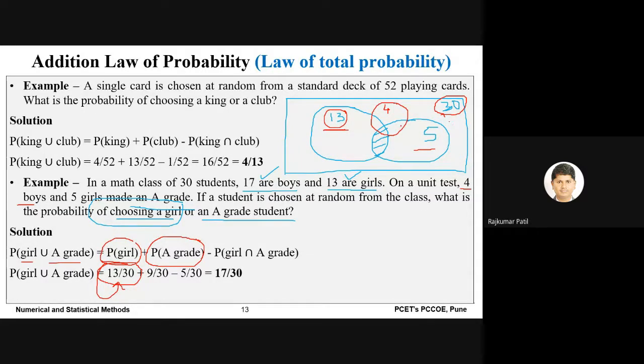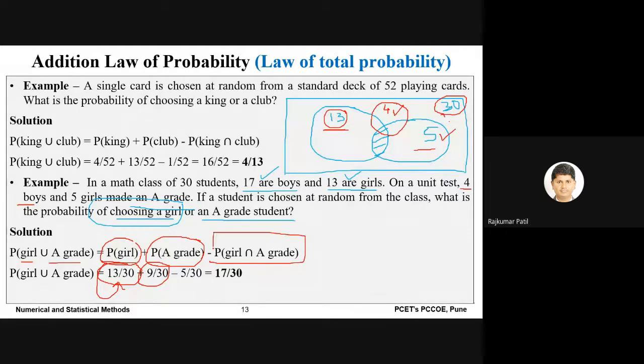There are 4 plus 5, 9 students who received A grade. So 9 by 30 is the probability that a randomly picked student has A grade, minus the overlapping area.